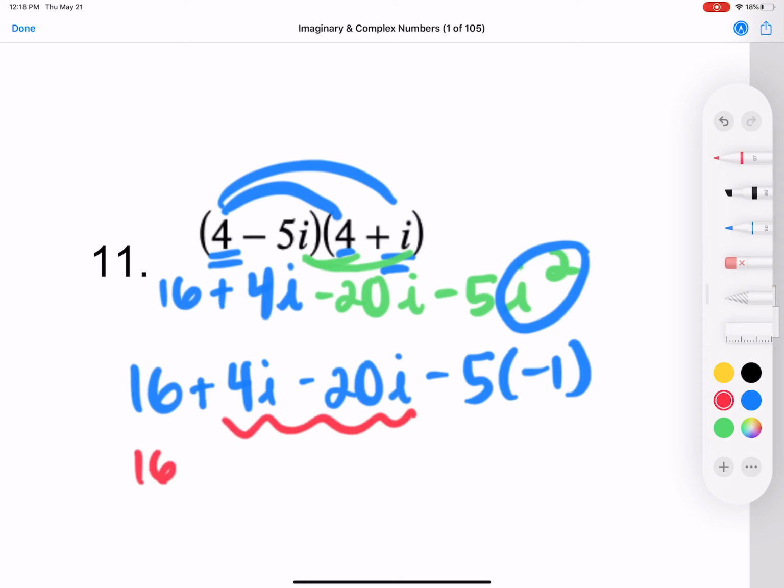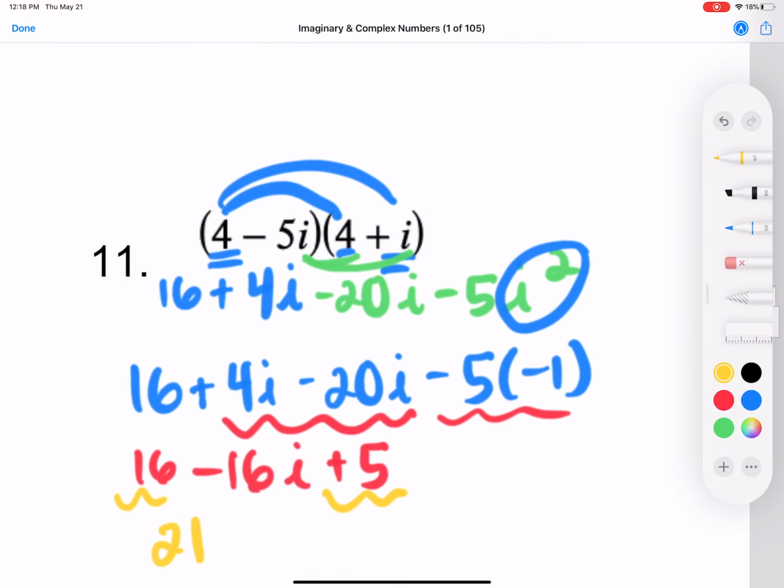I'm going to get 16 minus 16i. Remember to combine your coefficients. Negative times a negative is a positive 5. And then now I can combine my 2 real parts. So here I'm going to have 21, and I'm going to put that first because that's the real part of my answer, and then minus 16i. This is my solution.